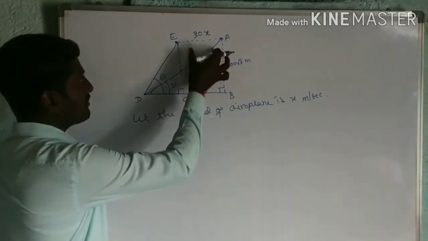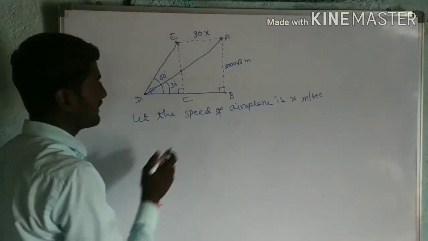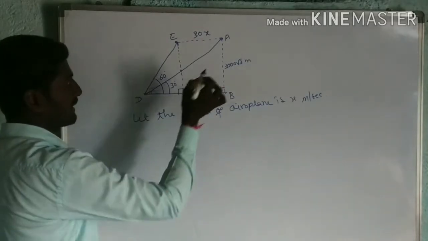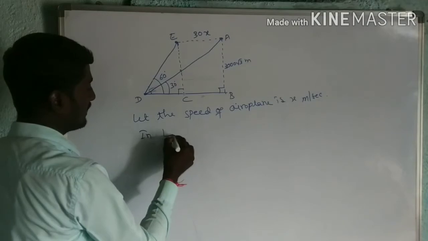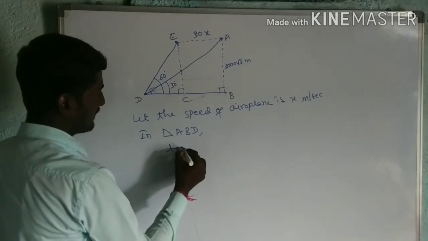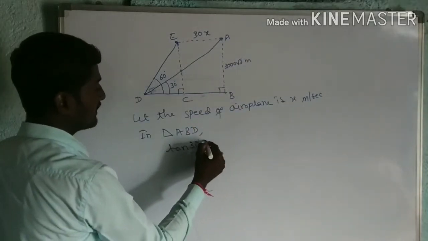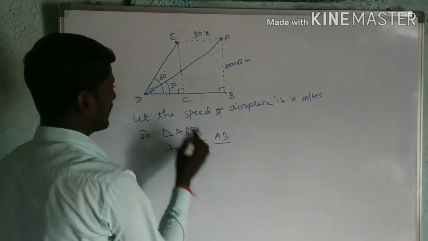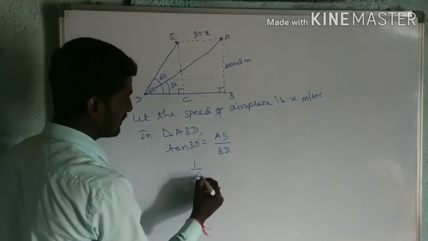Now EA is equal to 30x, and BC is also 30x. First I will take the right angle triangle ABD. In right angle triangle ABD, tan 30 degrees equals AB divided by BD. Now tan 30 is 1 by root 3.